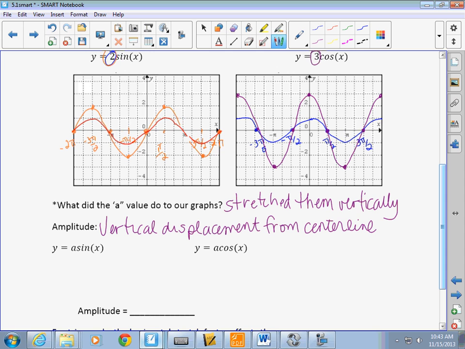So your amplitude, if you look at this, our amplitude was a 2. This whole graph, though, the whole displacement from top to bottom would be 4 units. So it's actually, amplitude is half of the distance that your graph moved. That's the formula for it.